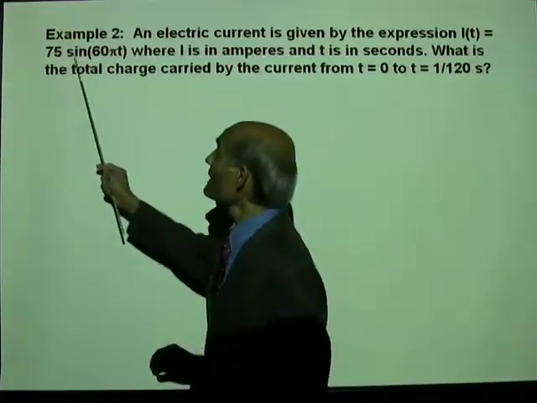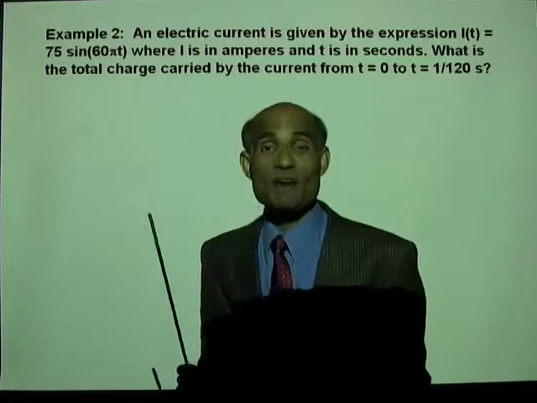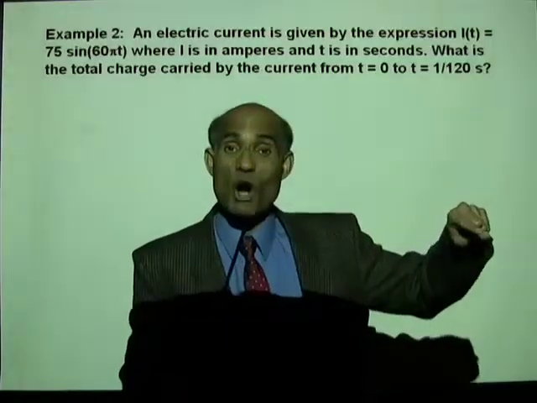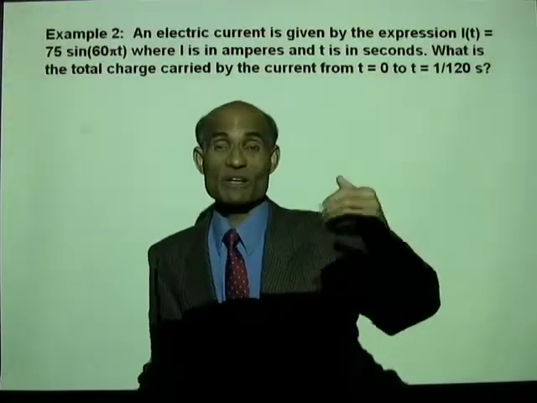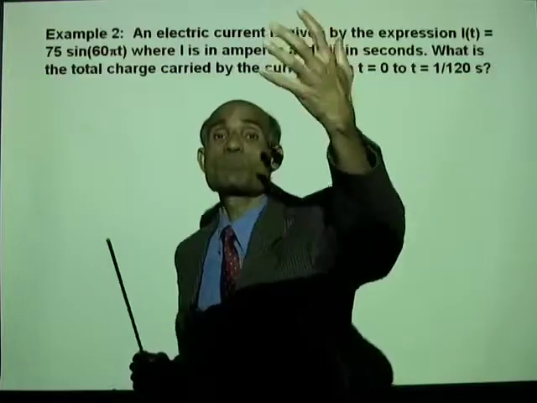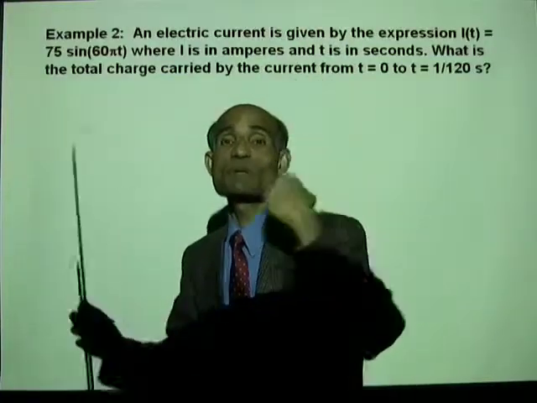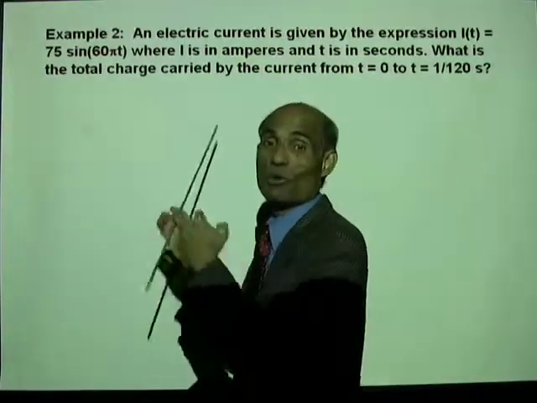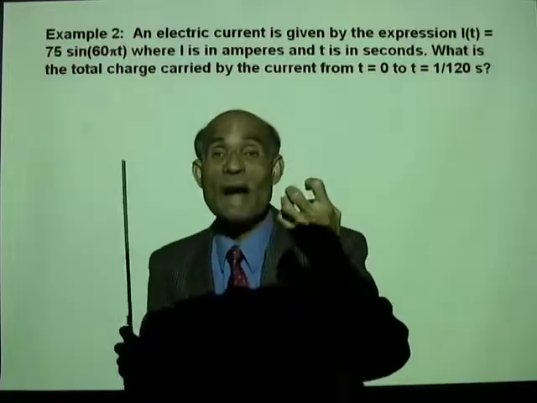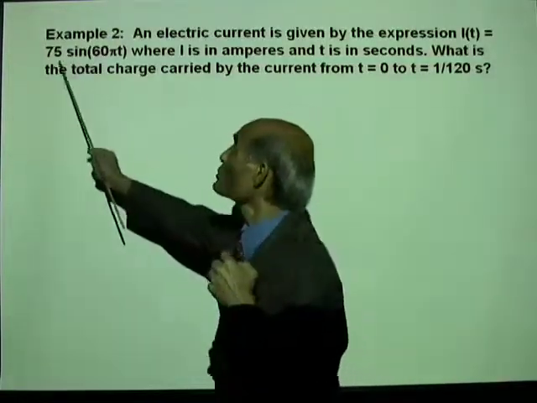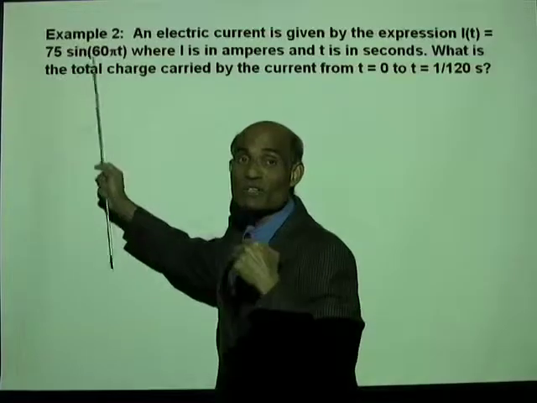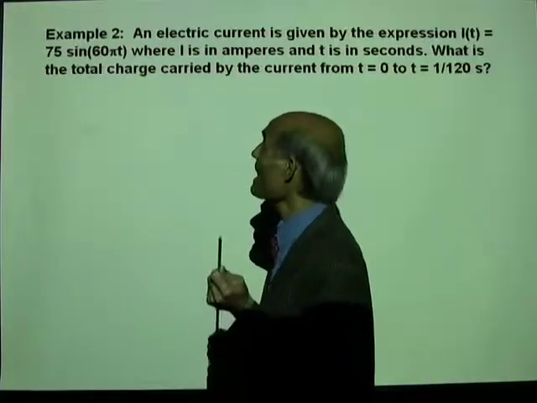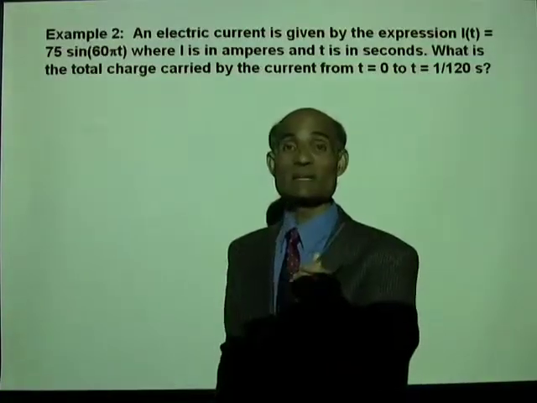Well, this is the type of current we actually get at home and in the office. In fact, this projector bulb which shines light on me and onto the board is powered by a current given by this expression, 75 sine 60 pi t.